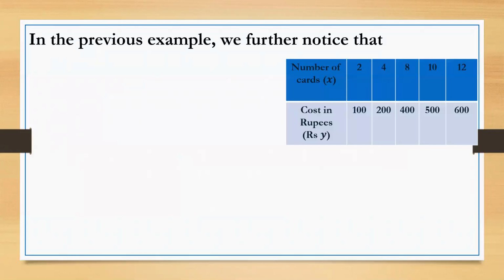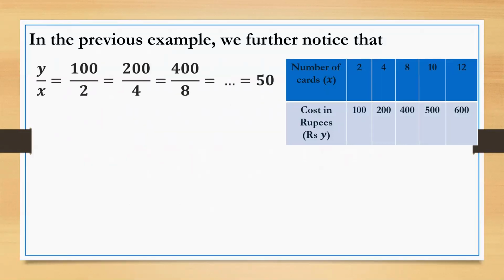Now, we consider the table again. You can see that y is the cost and x is the number of cards. So y over x will be 100 over 2, which is 50, or 200 over 4, which is 50, or 500 over 10, which is 50.